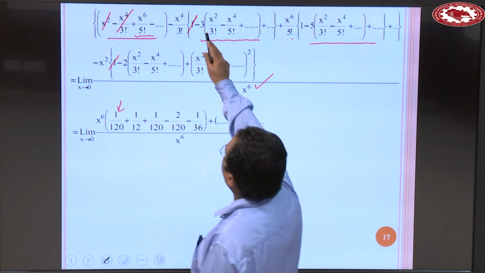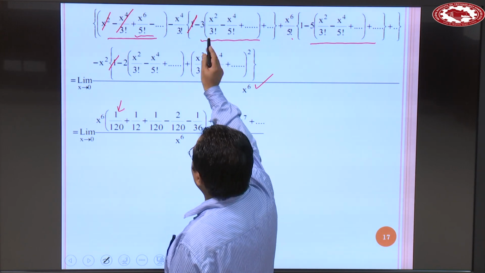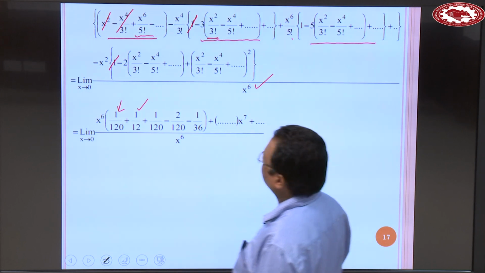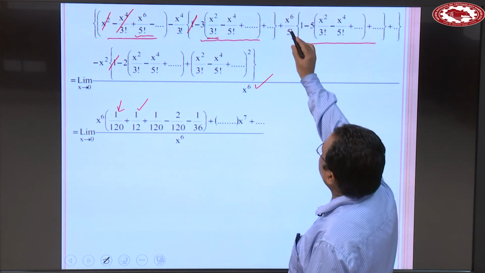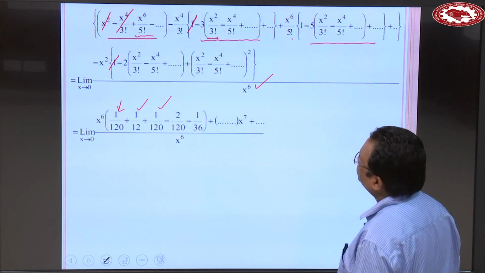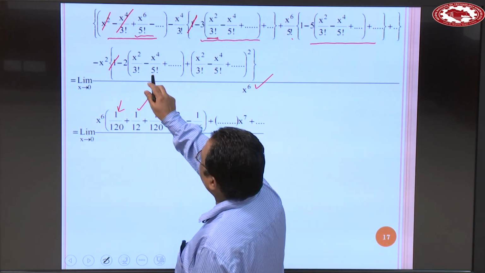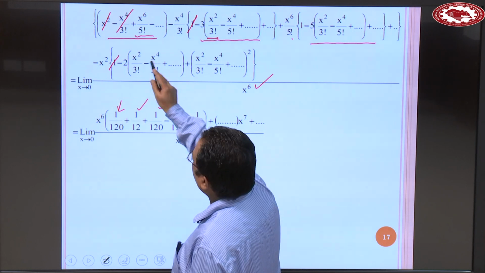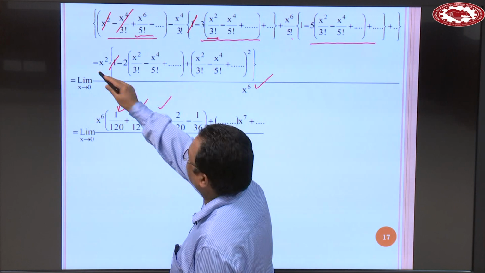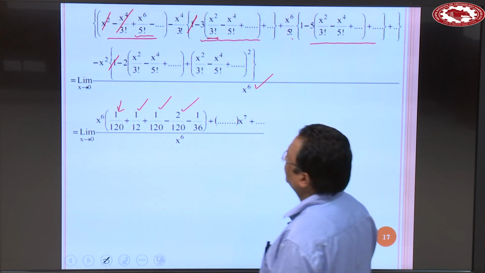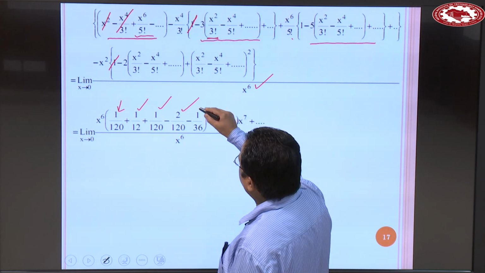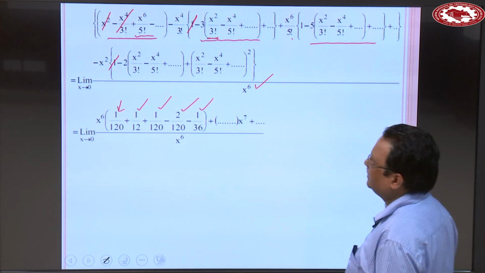Then this 3, 2, so 6, 6 to 12. So this one from this. Then x6, 1 over 5 factorial means 1 over 120. Then this term means 2, 5 factorial, 2 over 120, minus sign, minus, minus, plus, and then minus, so minus 2 over 120. And from this one, this into this, so ultimately minus 1 over 36.